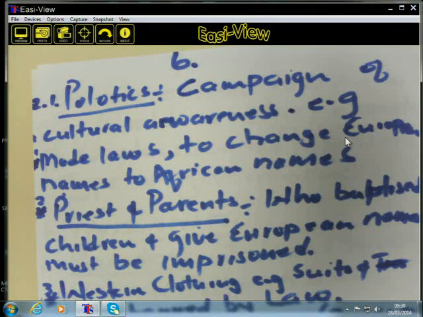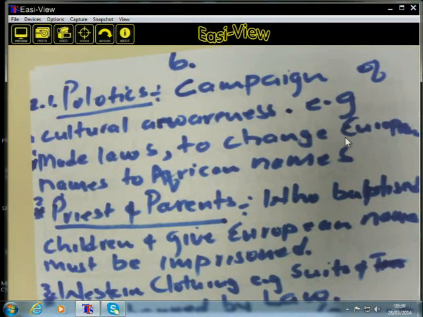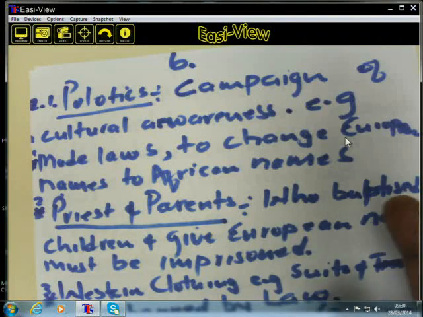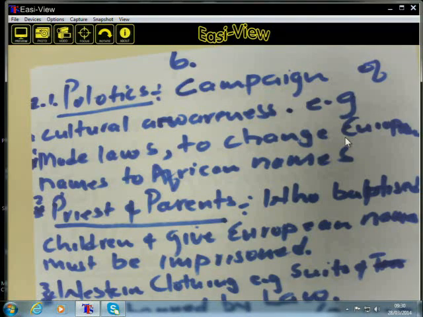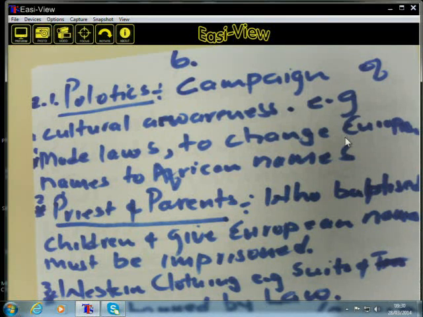Remember, we are talking about an African country. How did these countries realize their independence? Congo is a country in Africa, but because there was colonial involvement, it was a colony of Belgium. The colonizers were naming African people with European names. So Mobutu Sese Seko was trying to conscientize Africans by his campaign to say that we should be aware of ourselves, that we are Africans, and we must make use of our own identity. Hence he introduced laws that changed the European names of the Africans to African names.